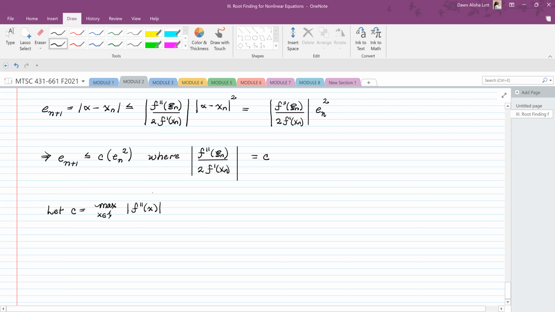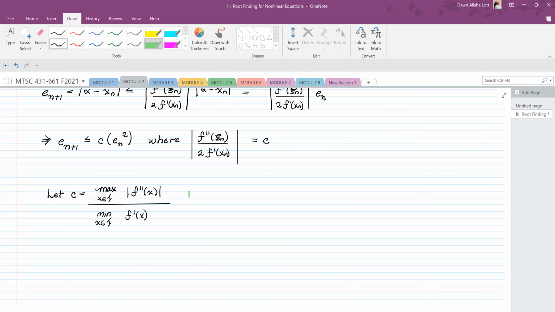And if I want it as big as possible, I'm going to divide by the minimum over all x in the interval of f prime of x. All right, so now we get quadratic convergence. If you remember, the bisection method had linear convergence. So this is quadratic.